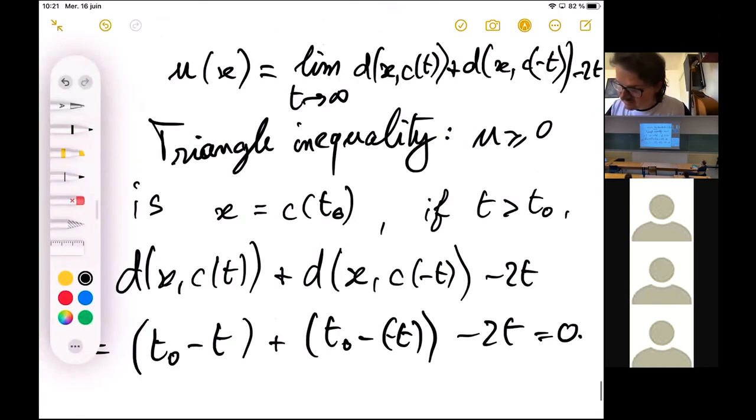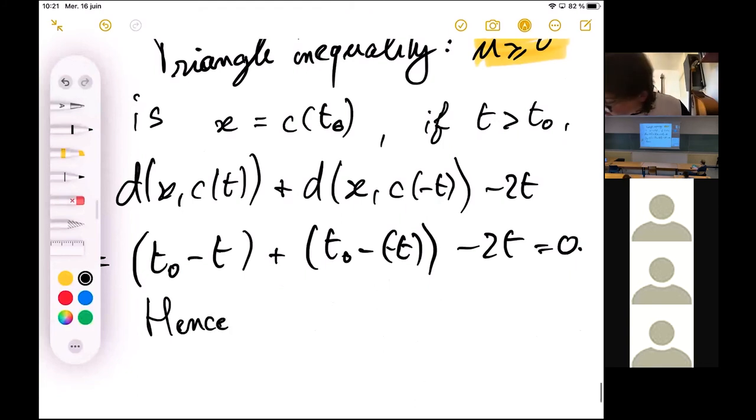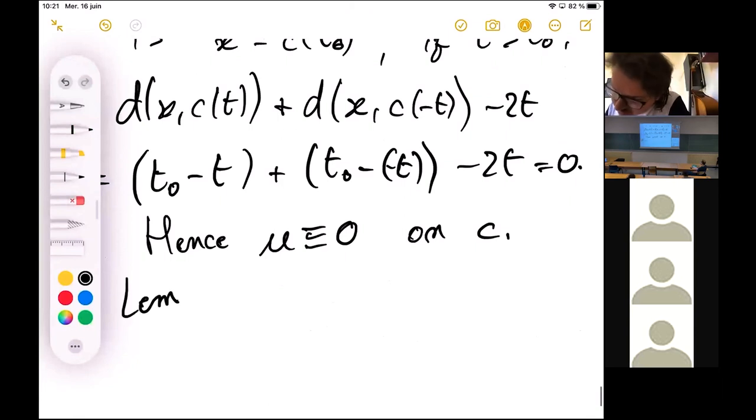So we have non-negativity of u, and we also have that u vanishes on c.